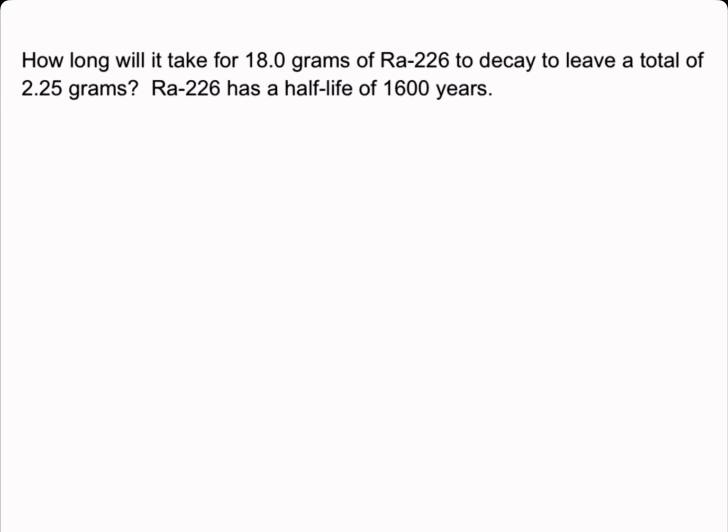How long will it take for 18 grams of radium-226 to decay to leave a total of 2.25 grams? Ra226 has a half-life of 1,600 years. So I'm going to always start off with my given. 1 half-life equals 1,600 years.